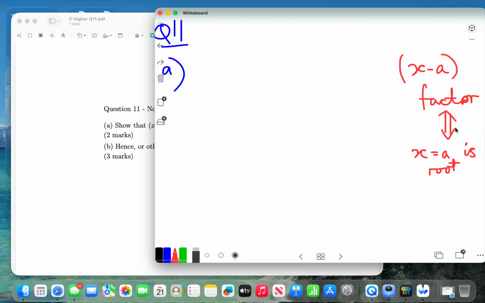This concept, you might run past it, you might not realise its significance, but this is very important.